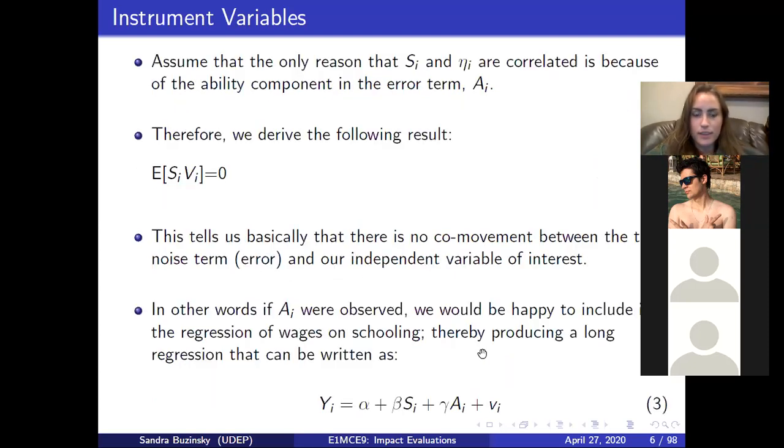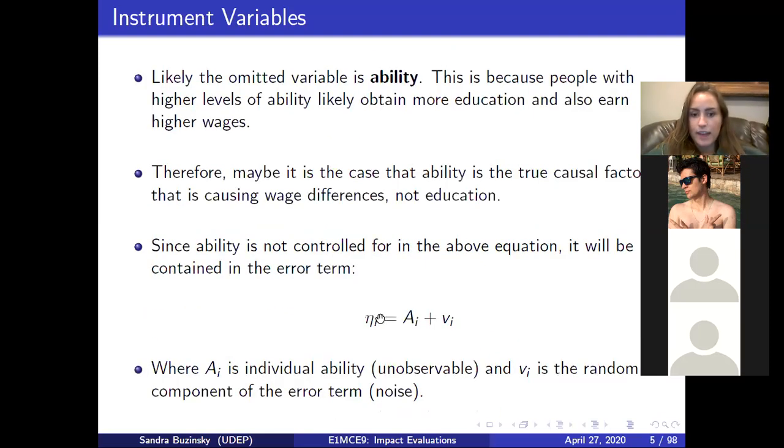Okay. So assume that the only reason that S_i, which is the years of education for individual i, and eta_i are correlated is because of the ability component in the error term, A_i. So we're saying basically if we removed A_i from the error term, we're only left with the v_i, remember, because we have eta_i is a function of A_i plus v_i.